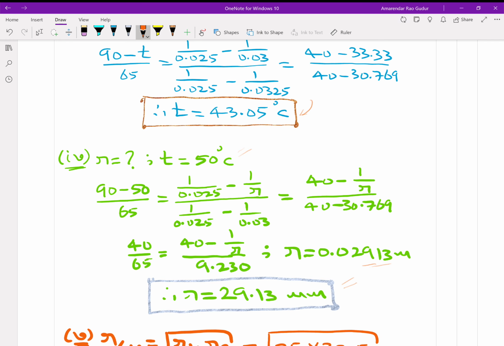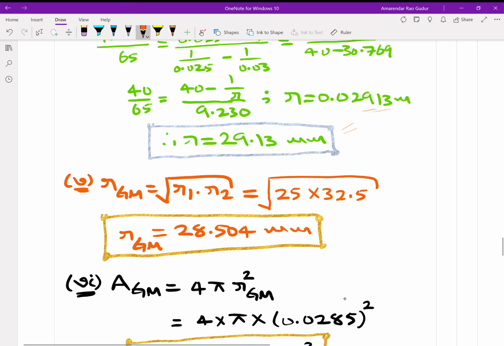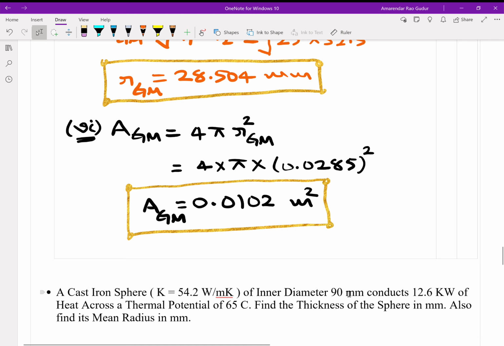Since R1 and R2 are available, your RGM will be square root of R1 R2, which is going to be 28.504 millimeters. And having found RGM, it becomes easy to calculate AGM using the equation 4 pi RGM square. Since you want AGM in meters square, take RGM in meters, that's 0.0285. It is going to be 0.0102 meters square.